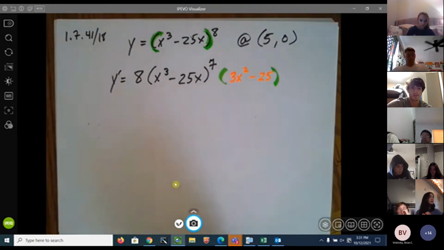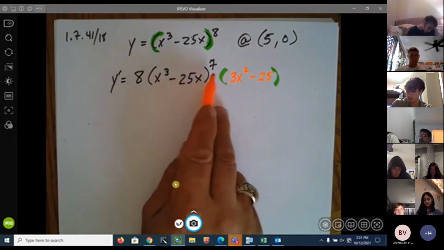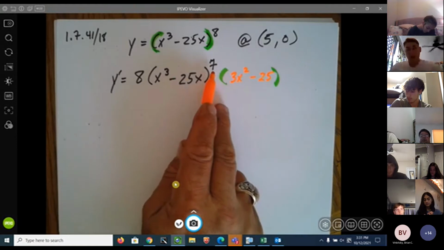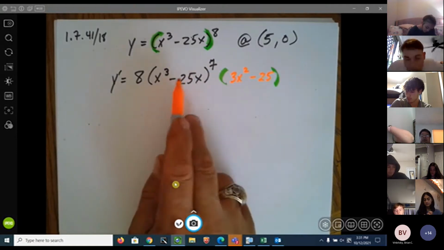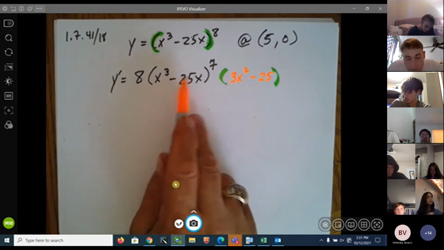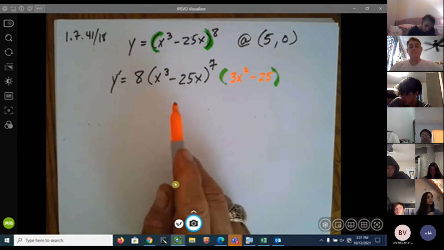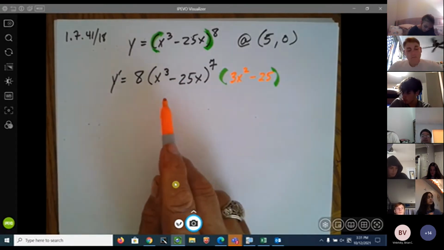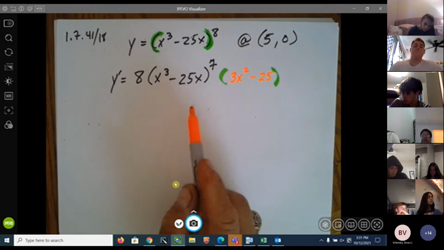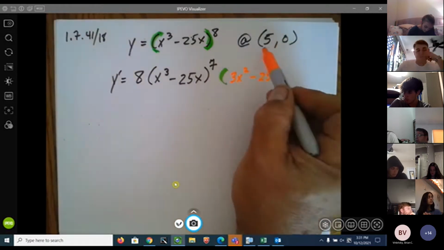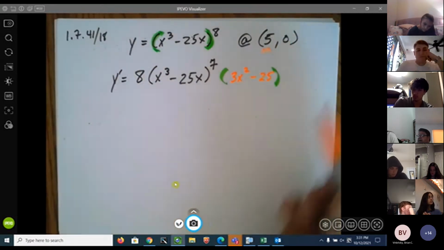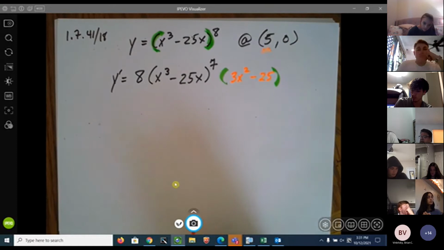And that is the derivative. Now, you're not going to be able to simplify it unless you want to factor this out to the 7th, which would be blah, blah, blah to the third times blah, blah, blah to the third times blah, blah, blah to the first. And that would take you at least 3 or 4 pages. So the only thing you can do is plug in that 5 and get a slope.